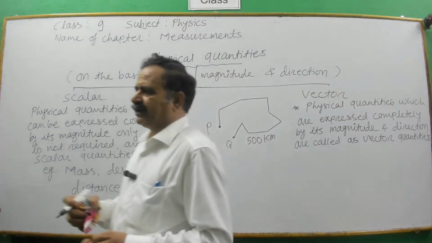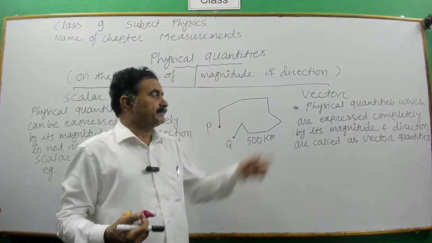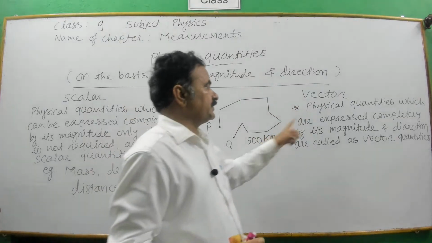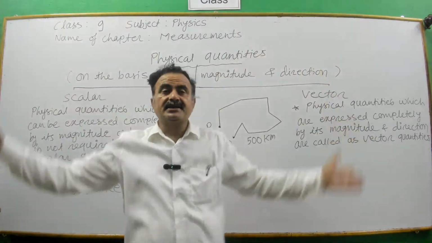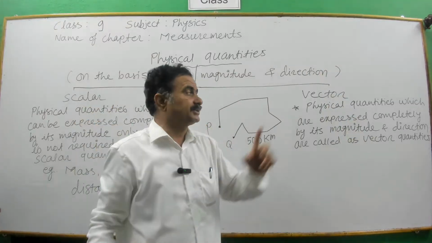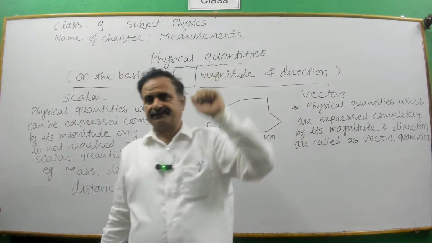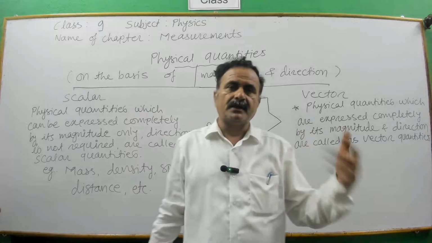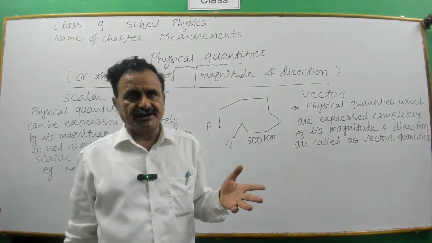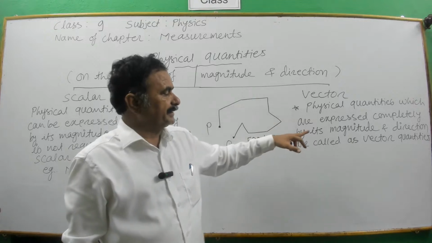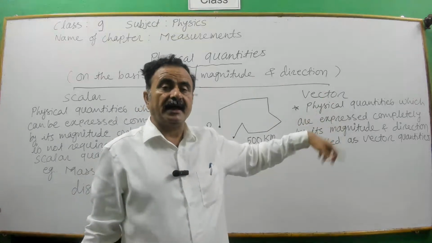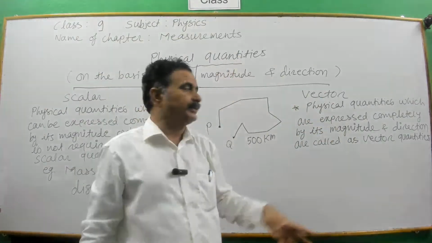Understand what you mean by vector quantities? The physical quantities whose meaning is completely obtained by magnitude and direction. To express them completely, we require both magnitude and direction.